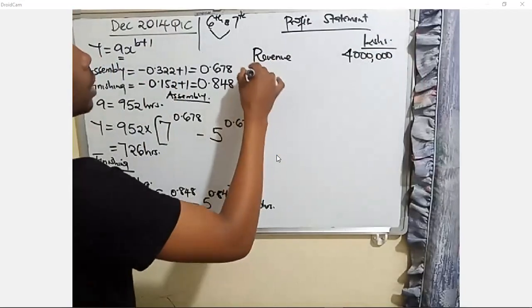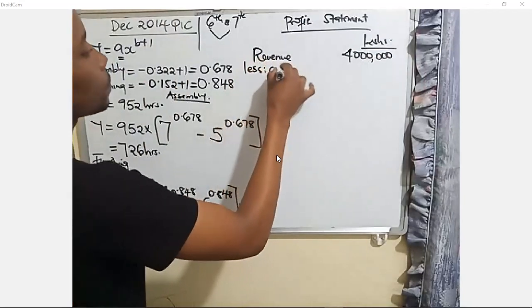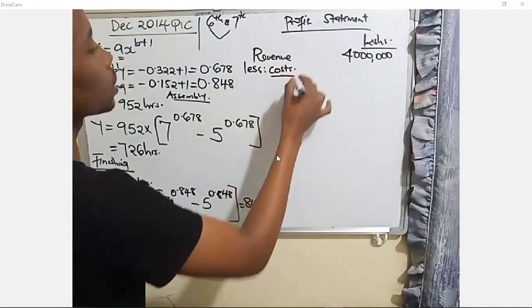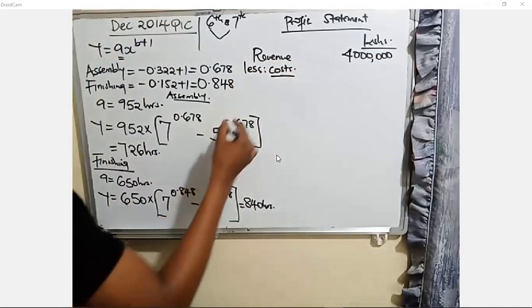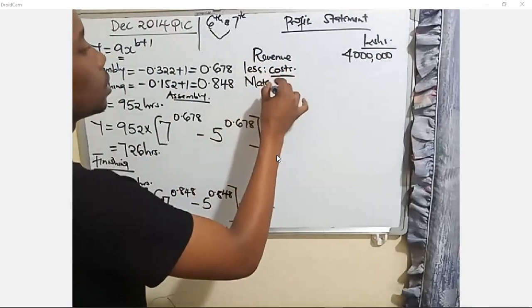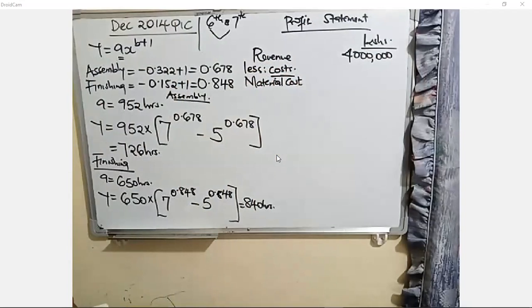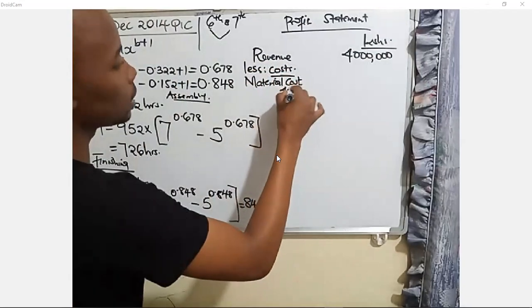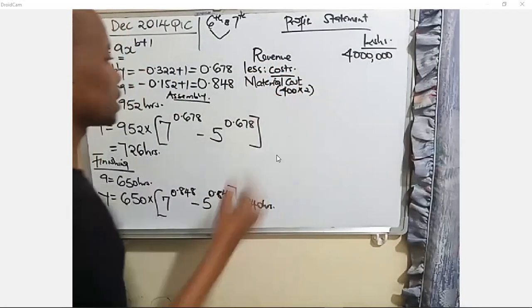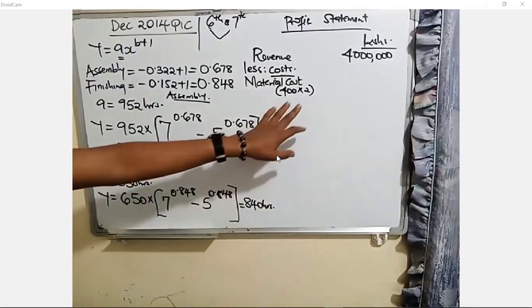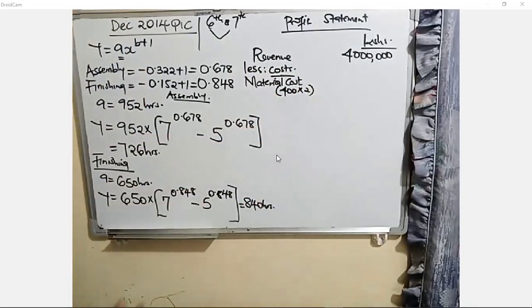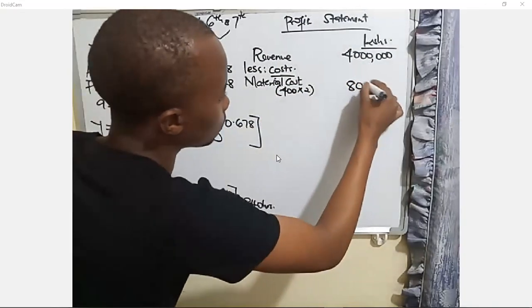Then we go to costs. The first cost will be material. We are told the direct material cost per motor vehicle is 400,000, so 400 times 2 cars is 800,000.